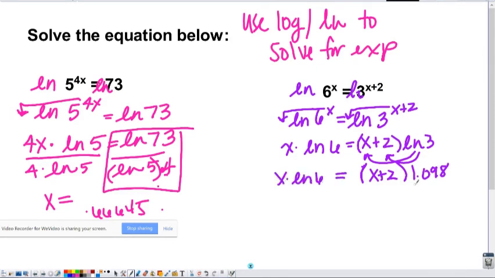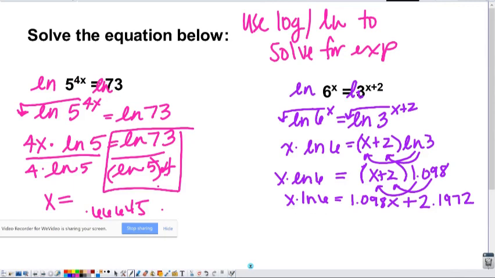Okay, so I'm going to distribute this now. This is really weird because I've got a ton of decimals here. 1.098x plus, what's 1.098 times 2? 2.1972. Okay. I can multiply this one out too.